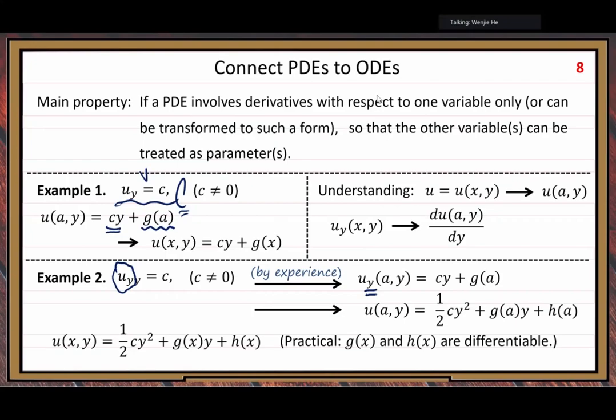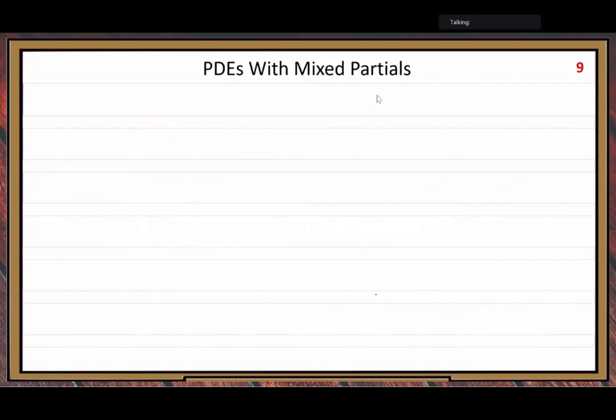All right, so those are the first two examples. Another two examples in this slide are PDEs with mixed partials, partial x, partial y. Number 3, let's solve this one: u partial x, partial y equals c.